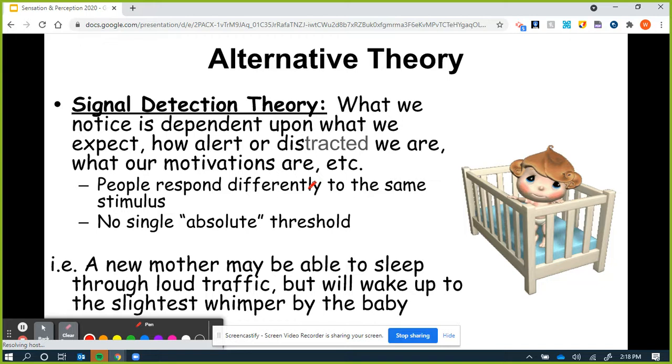They're attuned to it. A firefighter might notice the smell of smoke more easily than somebody who is not a firefighter because they're looking for it. Essentially what this says is what we notice is dependent upon what we're looking for. Okay? Any questions there?